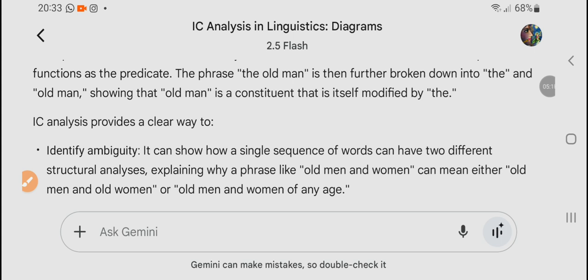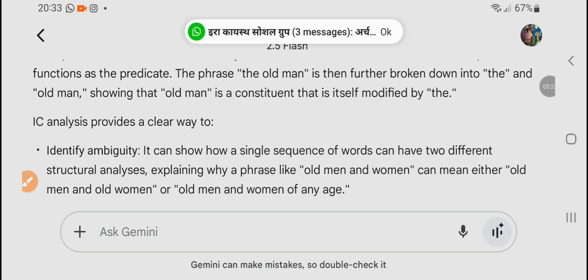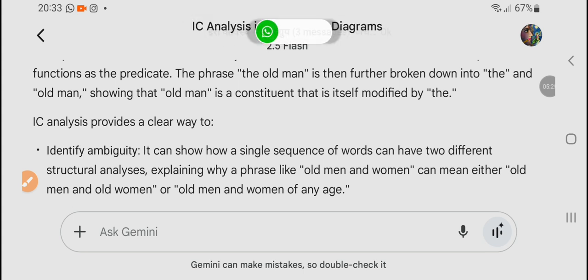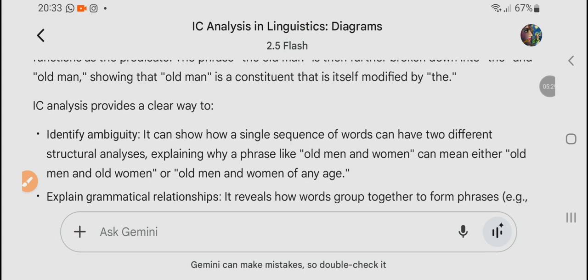Then "the old man" is further broken down into "the" and "old man," showing that "old man" is a constituent that is itself modified by "the."